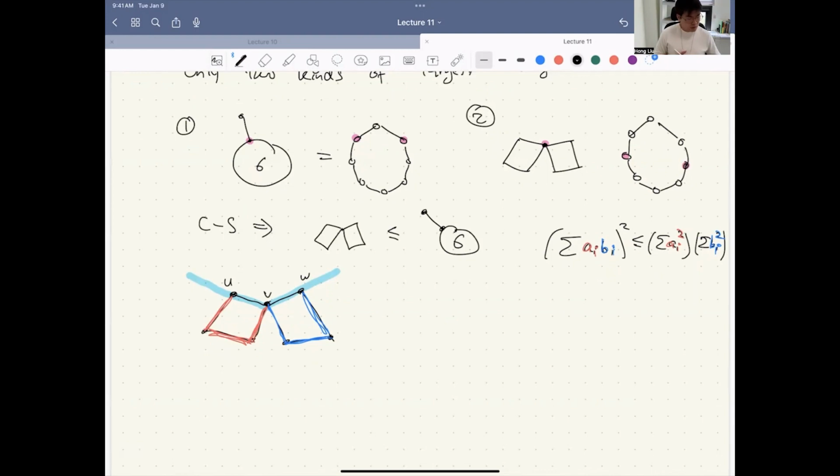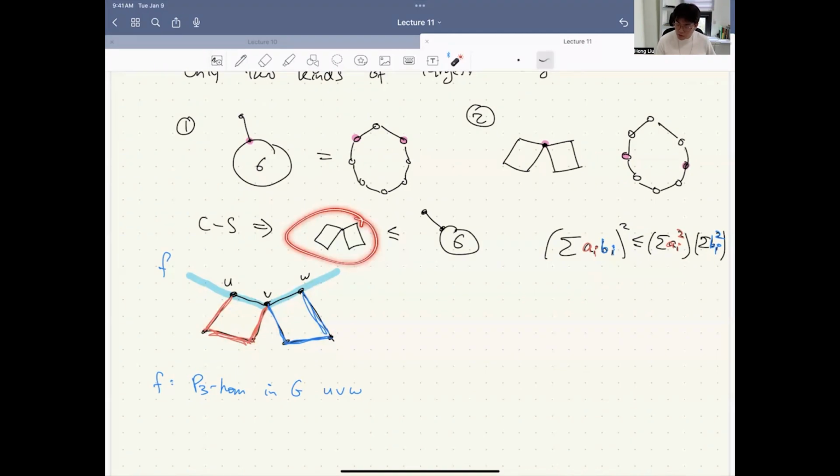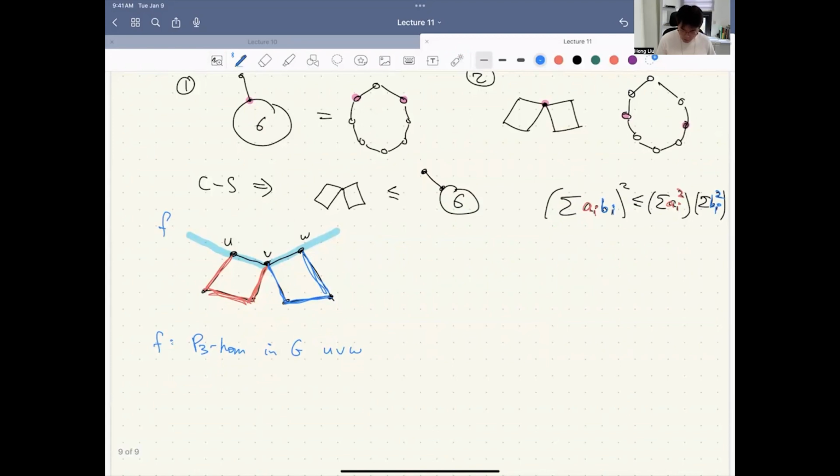By Cauchy-Schwarz, well, this is F. What is F? F is a particular P3 homomorphism in G, which maps UVW to some UVW. Here V and W could be the same vertex, I don't really care. And how do you obtain a homomorphism of this degenerate copy? Well, let me write it as phi.